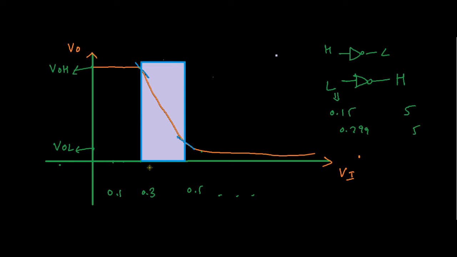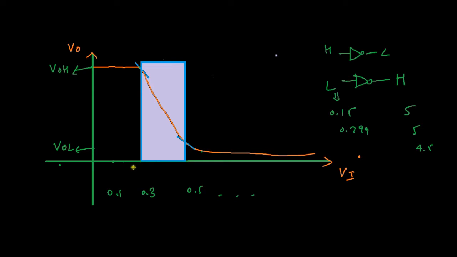If I cross this, my output will not be 5, it will be less than 5, it may be 4.5 or something like that. So according to my definition, the maximum acceptable input low level voltage VIL will be here.